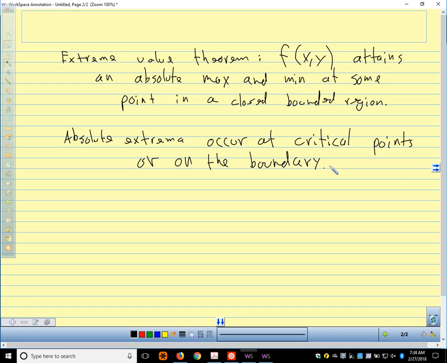So again, just like a function of a single variable, when we're looking for absolute extrema, we look for critical points, and then we test the endpoints. For a function of two variables, our boundary can be some kind of curve, so we have to test for extreme values on the boundary. And depending on what the boundary is, that can be more or less complicated.